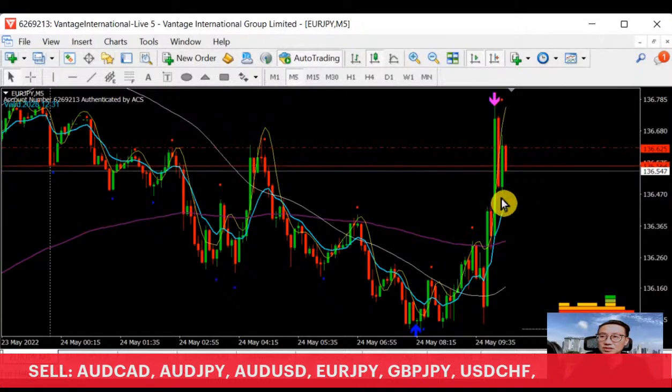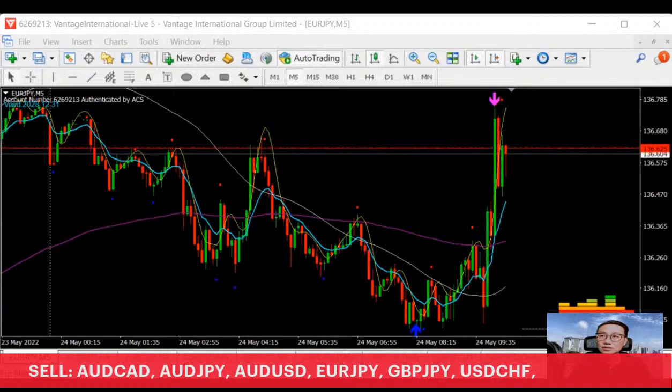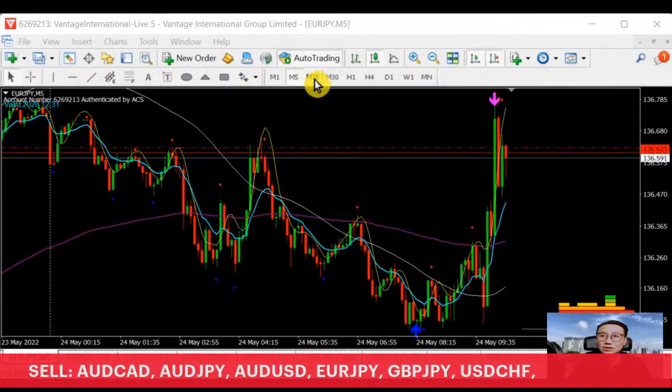It came down to the resistance area, and euro yen is now retesting the resistance. It's been testing the resistance for the past 50 minutes. So let's hang on a while. It's still retesting.